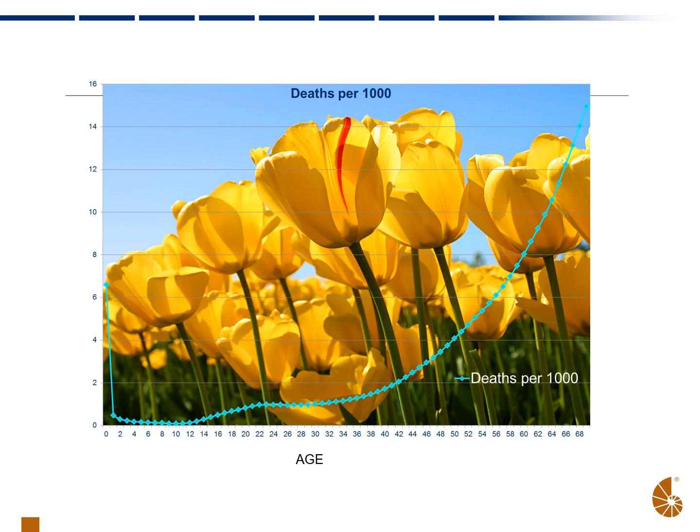Then it gradually starts creeping up, and as you get into your late 50s and 60s, it starts going up exponentially. So the number of deaths per 1,000 is significantly affected by the age of the person.